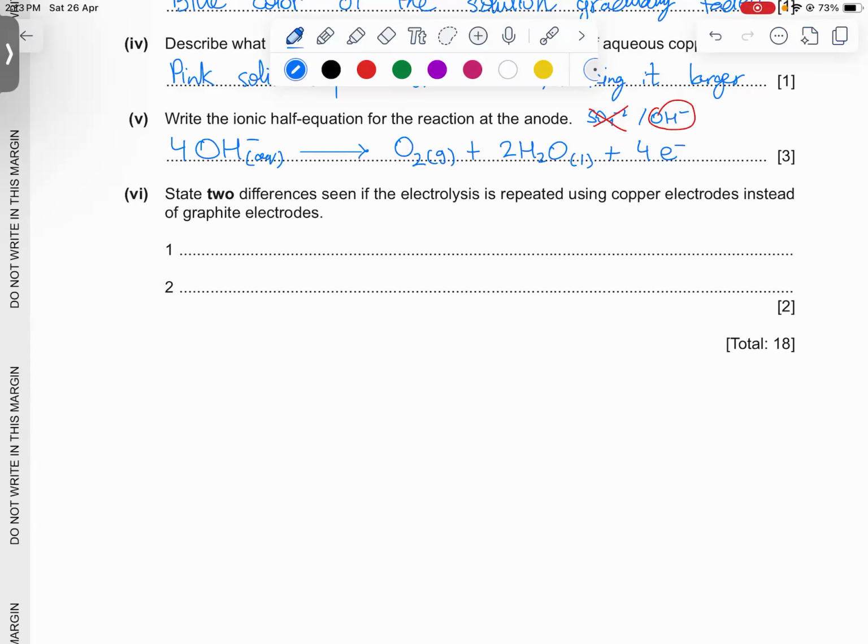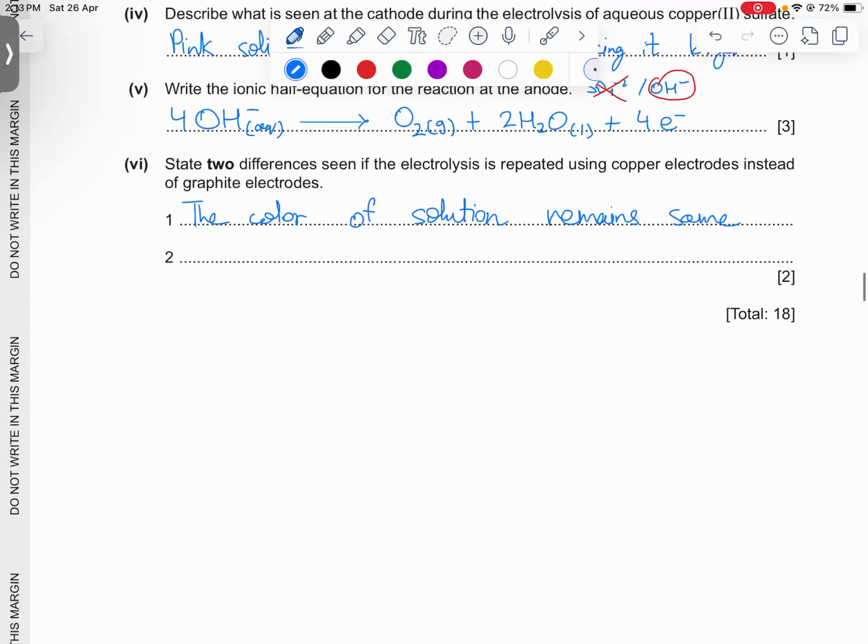If the copper ion concentration in the solution is the same, then the color of solution remains the same.